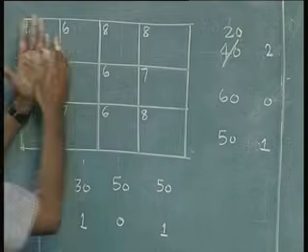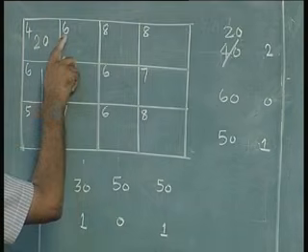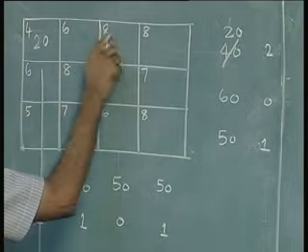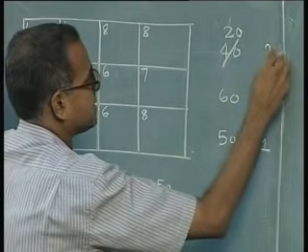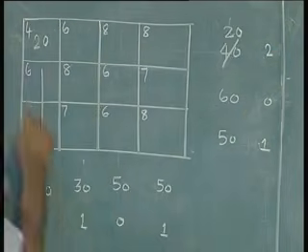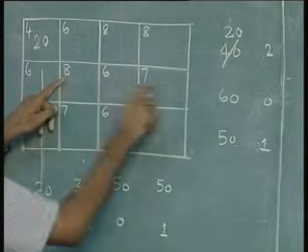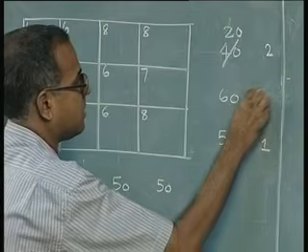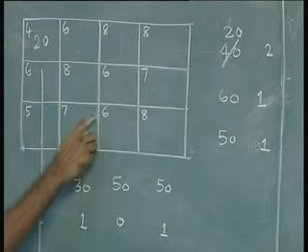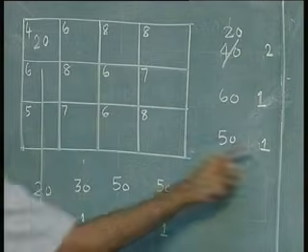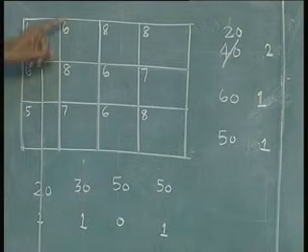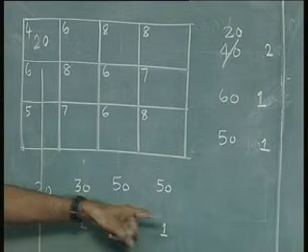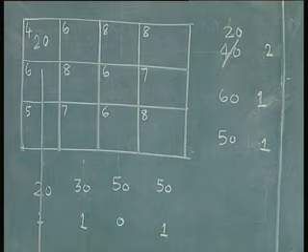As far as this row is concerned, minimum now is 6, next minimum is either of these 8, so the penalty is 2. As far as this row is concerned, minimum is 6, next minimum is 7, so penalty becomes 1. Here the minimum is 6, next 7, penalty is 1. Column penalties will not change and they remain as they are.